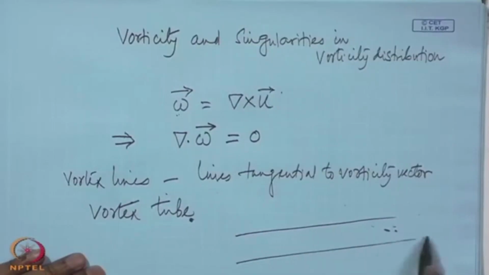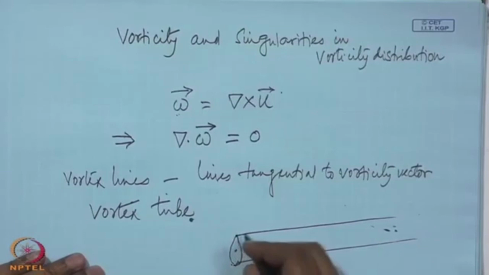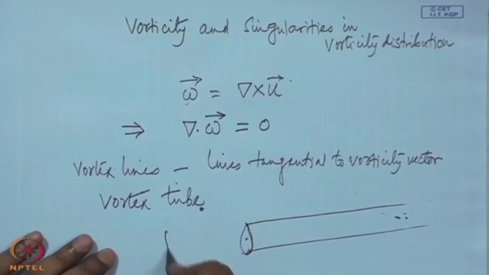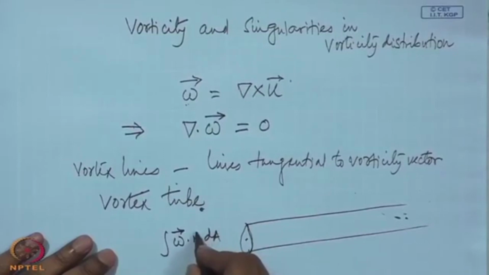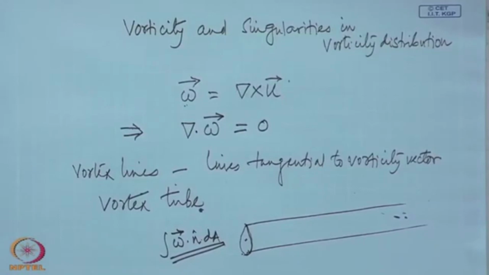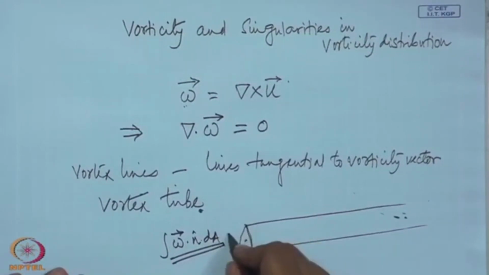Think about this surface itself. Then this integration, omega dot n dA, is called the strength of the vortex tube.